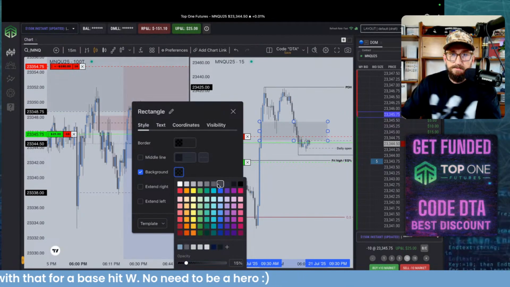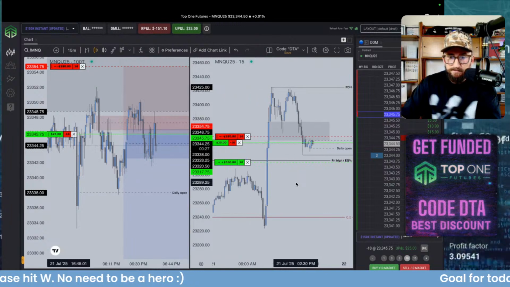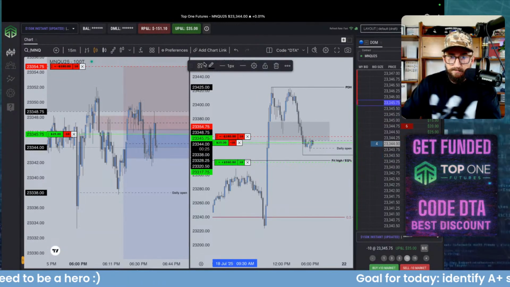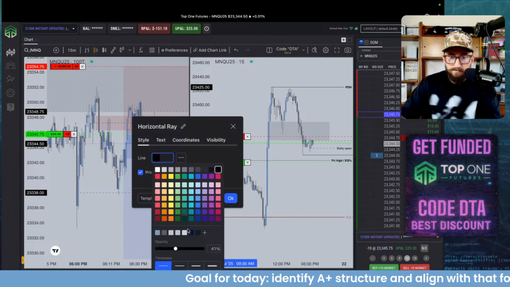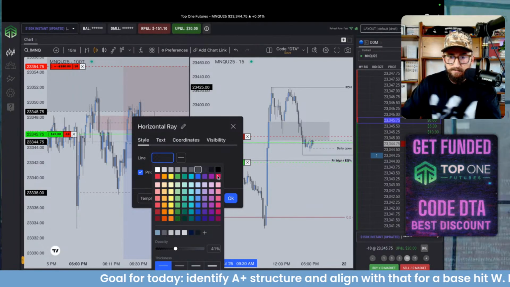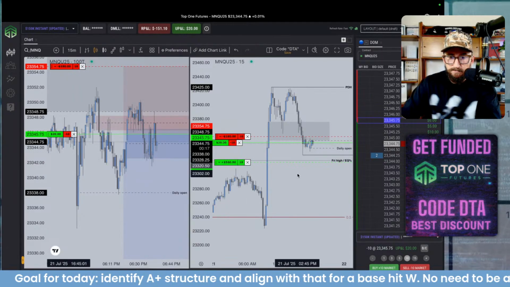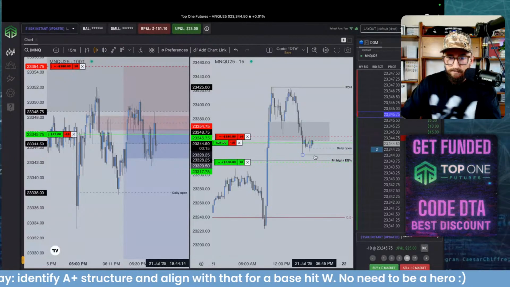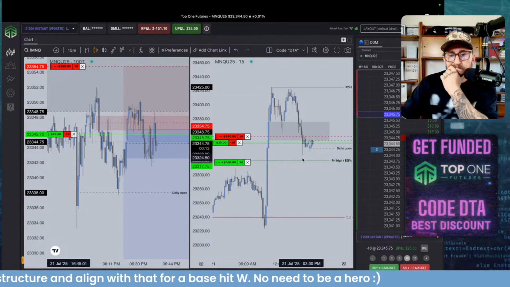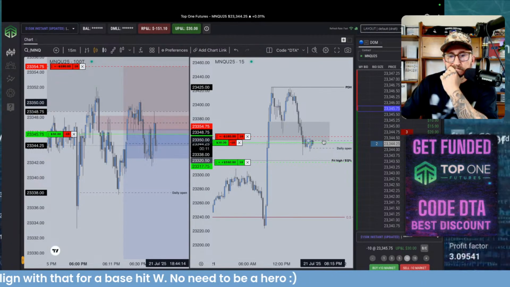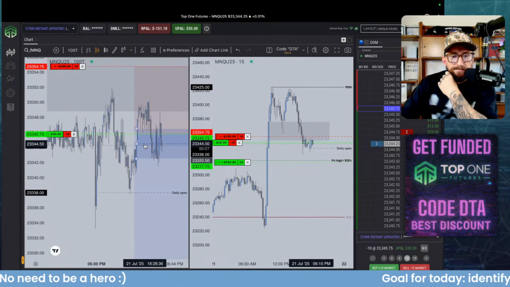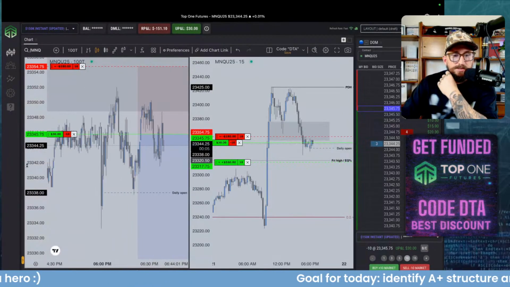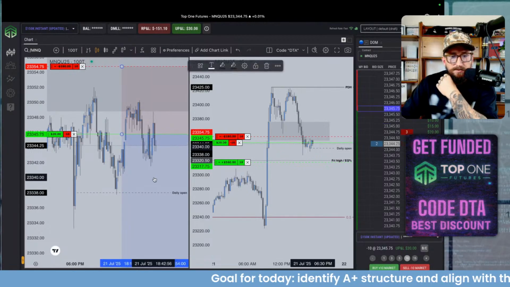Lighter gray. I'm going to kind of delete some of those levels as well in the lower time frame.